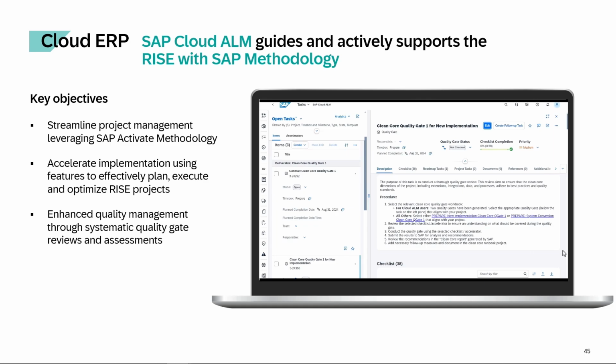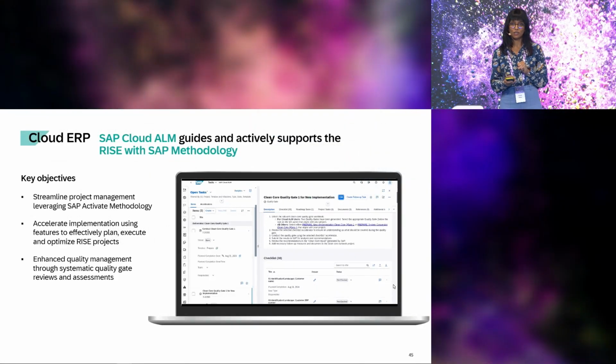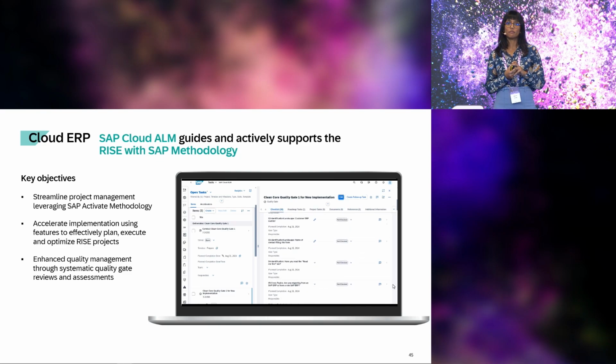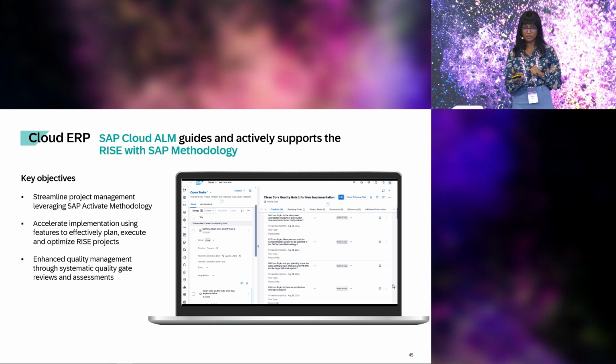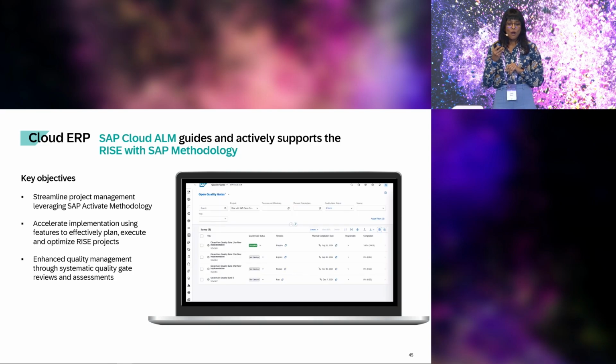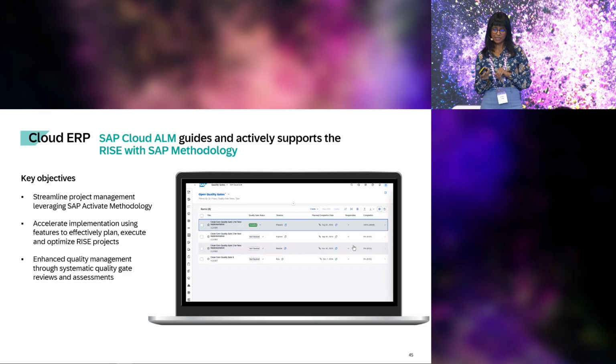The quality gate is also fully loaded with accelerators in the form of questionnaires, which help you evaluate where you stand with the different deliverables along each principle of the clean core. What you're also entitled to as part of the methodology is a service assessment for every Q gate that you complete.